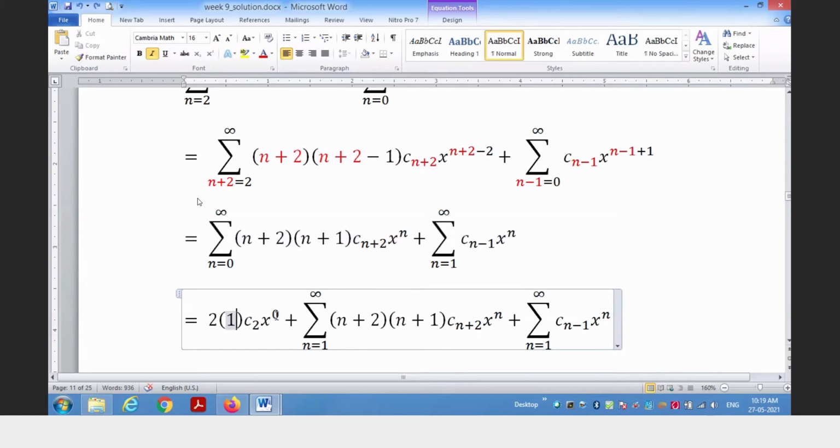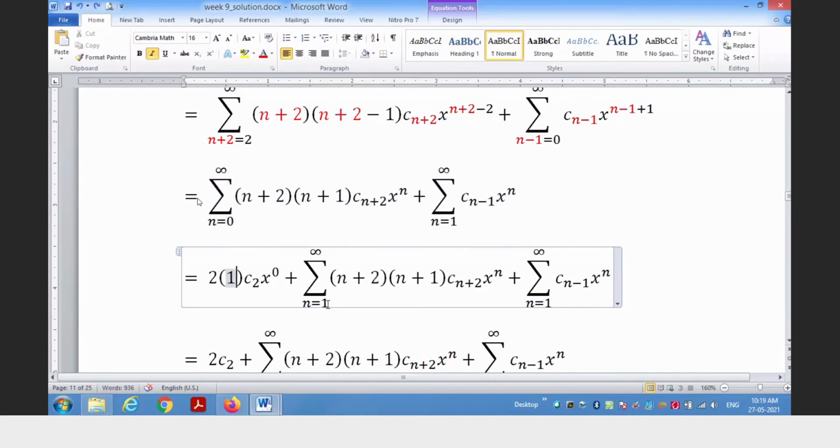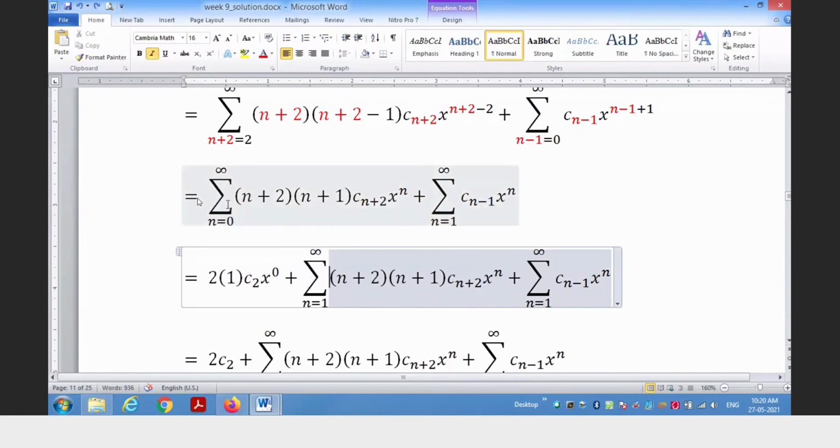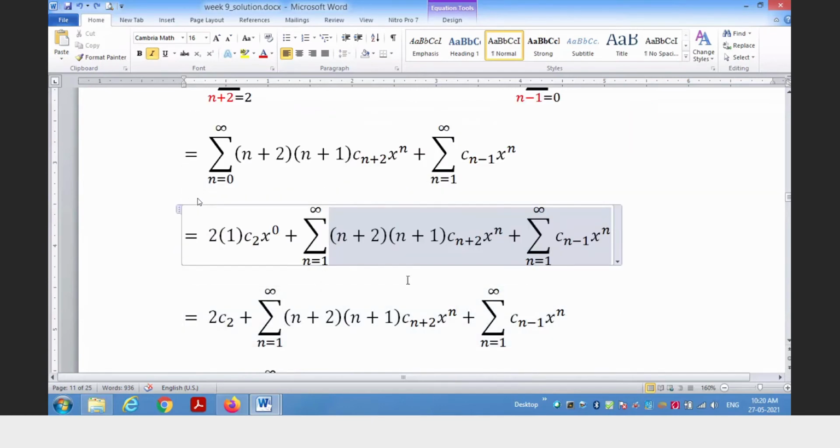Starting from now on, n will begin with 1. This is when n equals 0; the rest is when n equals 1 until infinity. So now everything else is the same except n starts with 1.